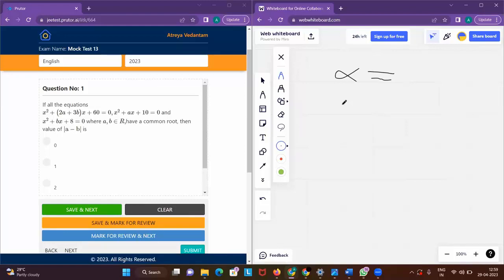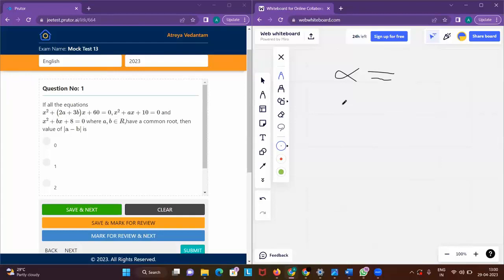And we multiply the third equation by 3, so we get 3 alpha squared plus 3b alpha plus 24 is equal to 0. Then we add both those equations, so we get 5 alpha squared plus (2a plus 3b) times alpha plus 44 is equal to 0.